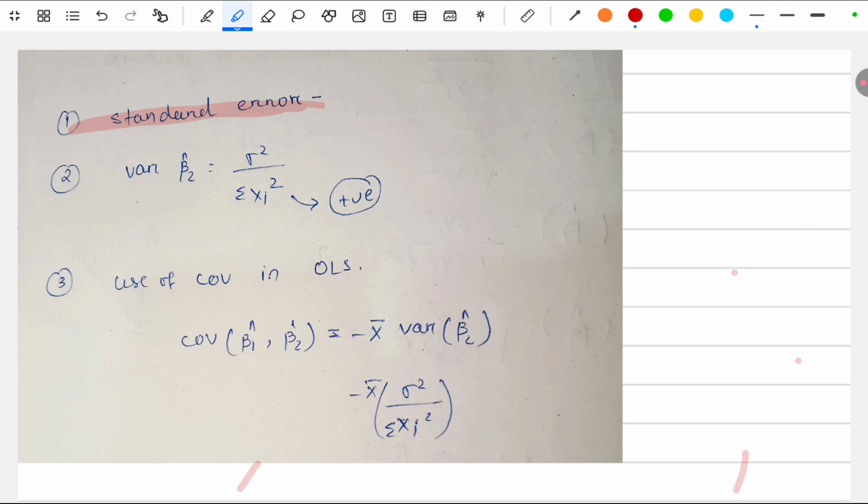Since the data varies, its estimator will vary.